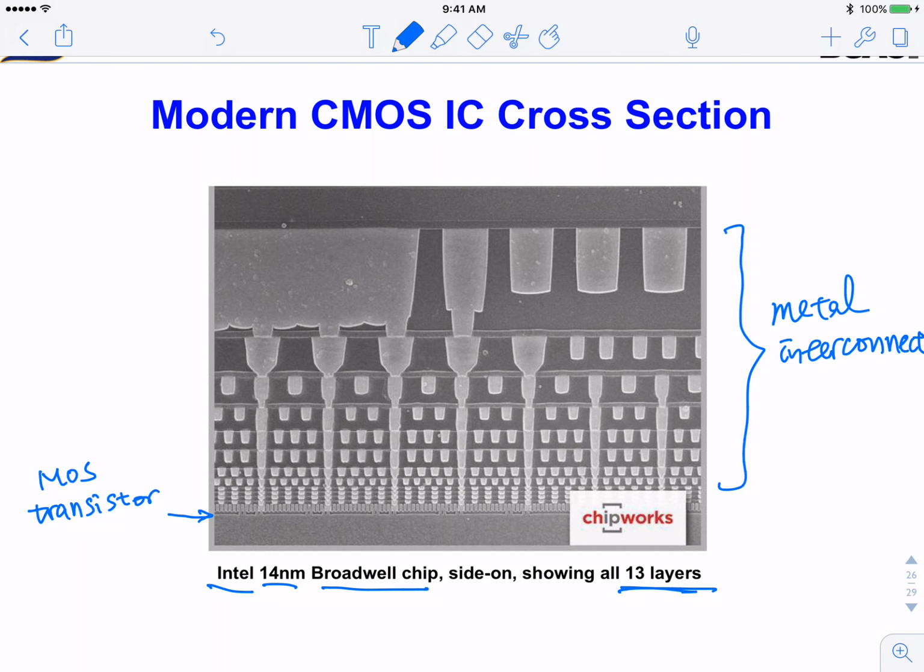You see this layer is very, very thick, right? And towards the bottom, they are very, very thin. So different metals have different functions. These metals here, they carry power. So usually these are power and ground, okay? Power or ground, they are very bulky. A lot of current flows through these layers.